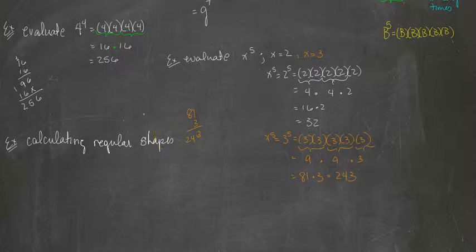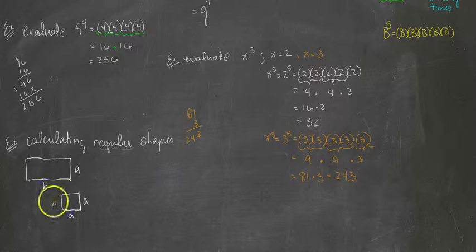For example, a regular shape means all the side lengths are the same, or all the measures are the same. So a rectangle would not be regular because you'll have one length for one side and something completely different for the other side. But a square is a regular shape because whatever the length of one side is, the length of the other side is the same, and in fact all 4 sides would be exactly the same.